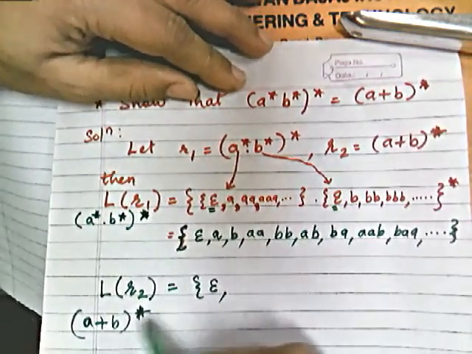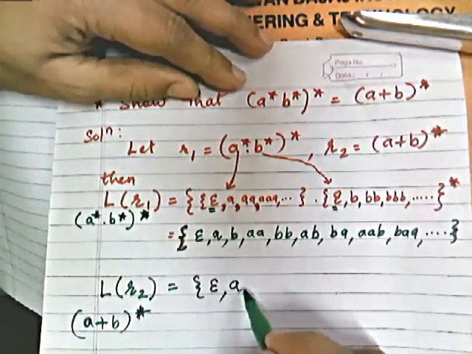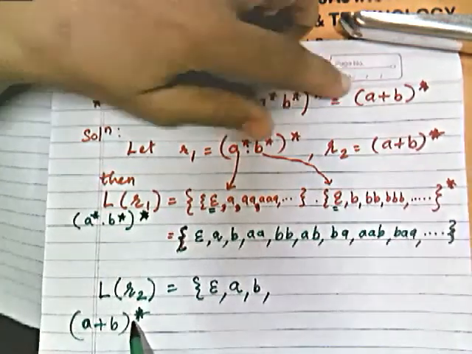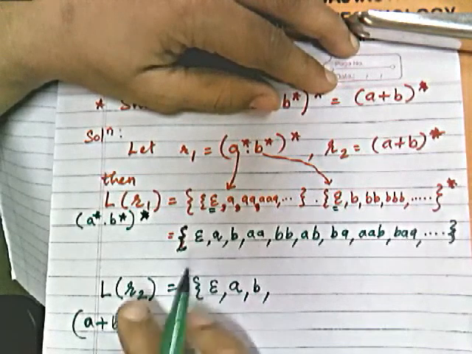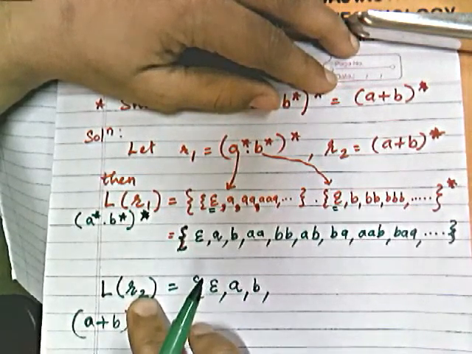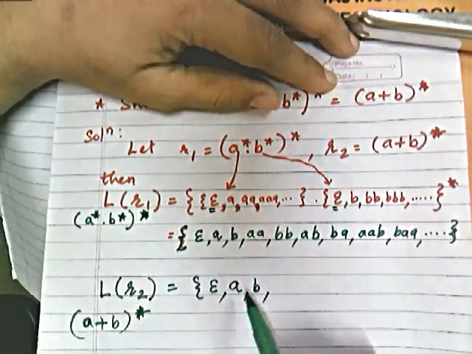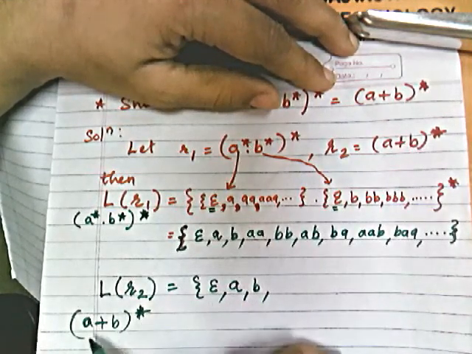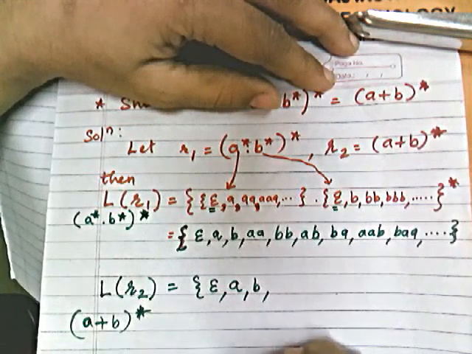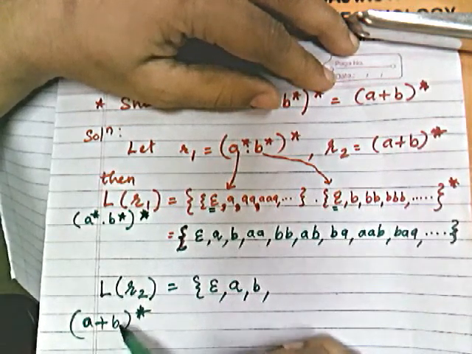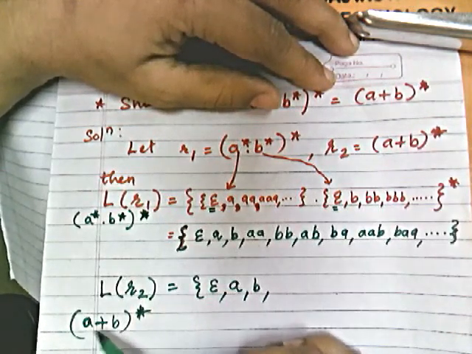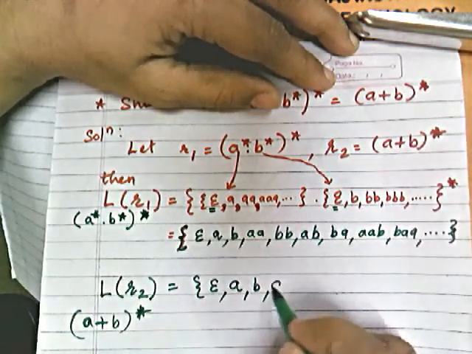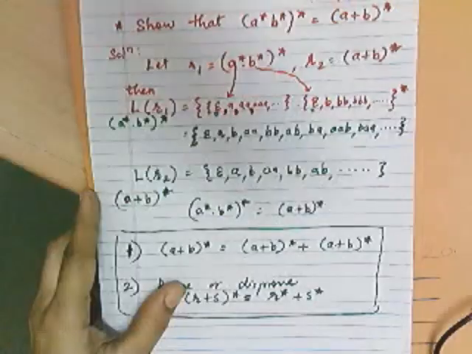Later we need to take either a or b. Since there is a star, that's why this empty has come. If there is no star, that means only a, b. Just recall all this earlier discussion. Now, since it is a star, from this bracket a can come out or b can come out, and we don't know in what sequence a will come out and b will come out. So again we will have the set.